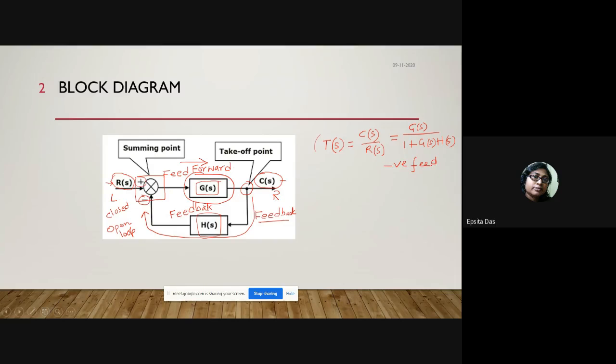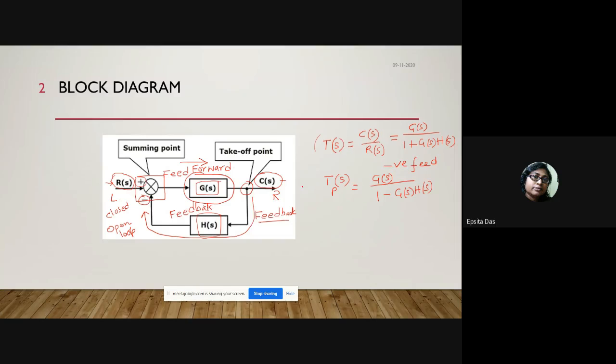Now, if the system has positive feedback, only this sign will be changed. So what will be the overall transfer function T(S) for a positive feedback system? It will be the feed forward transfer function upon 1 minus G(S) into H(S).